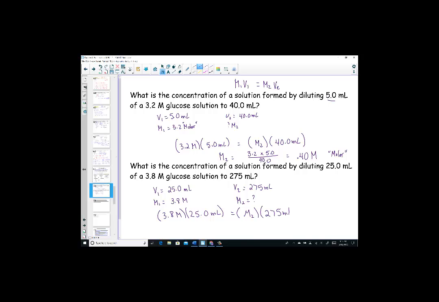Remember, to isolate M2 we're going to take 3.8 times 25, divide by 275, and you'll solve for M2. 3.8 times 25 divided by 275 equals, and my screen reads 0.34545 repeating. Looks like we need 2 sig figs, so I'm going to report that as 0.35 molar. And that capital M is the abbreviation, but we read that by saying molar. Excellent.